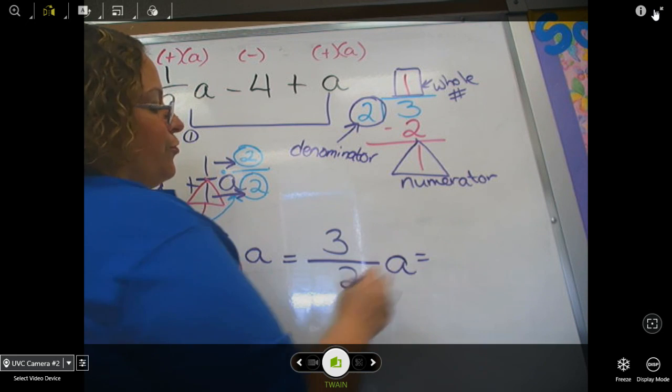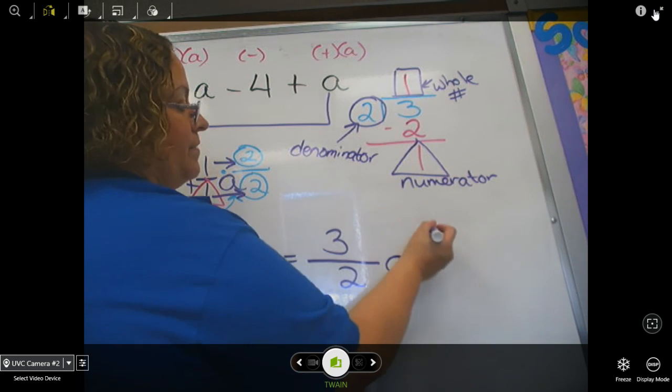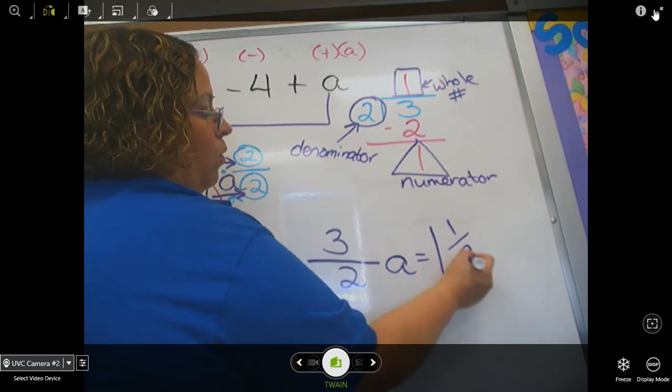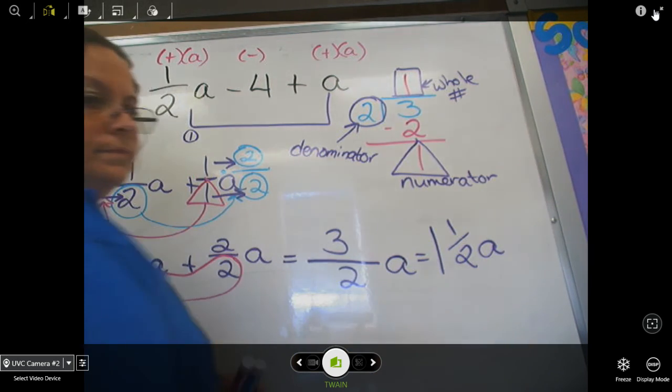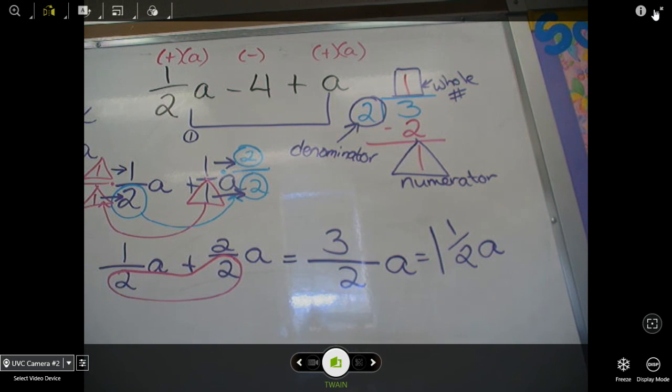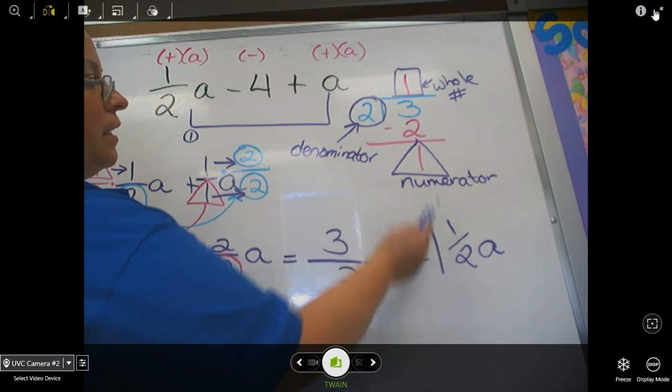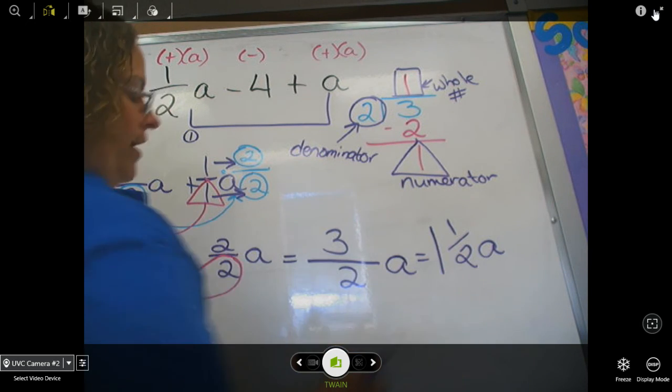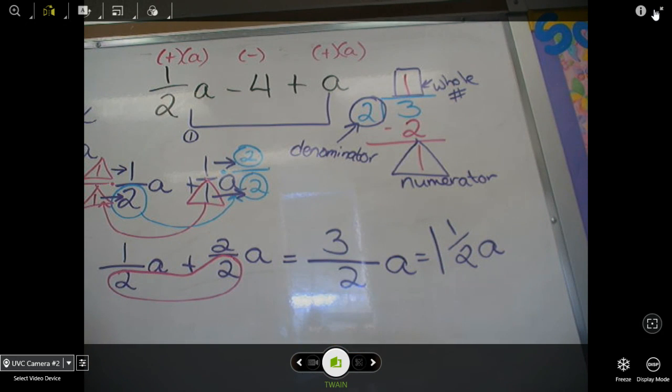Okay? So 3/2 A is the same thing as 1 and 1/2 A. See? 1 and 1/2 A. Okay, so this was step 1.